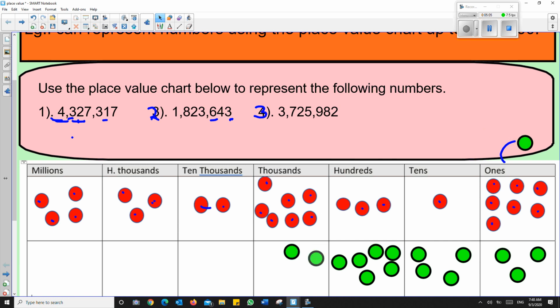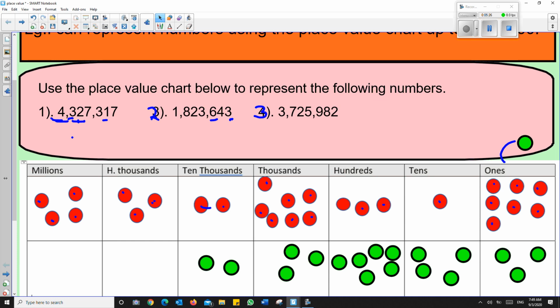In the 10,000 column is digit 2. Digit 2, so it needs to be represented by 2 counters.